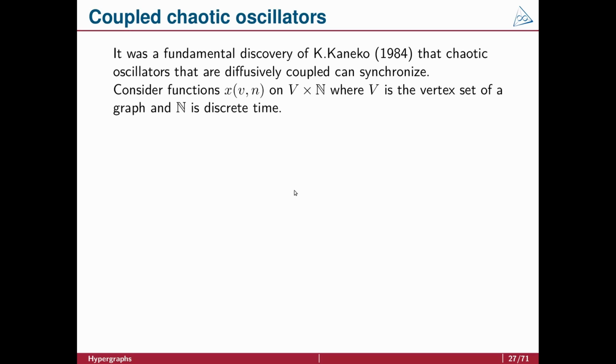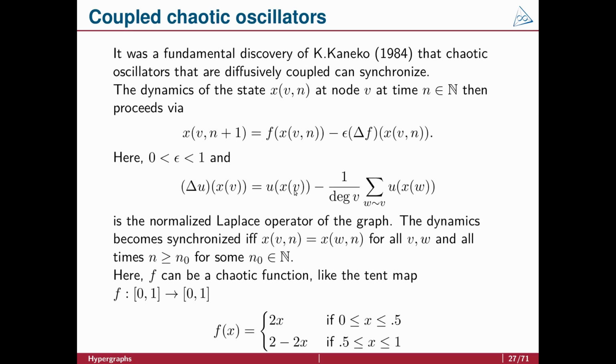So what Kaneko did, he considered functions on a vertex set with a time index. The n stands for time. And so they're coupled, first of all, by some function F, a function that generates chaotic behavior. I will give you an example in a moment.